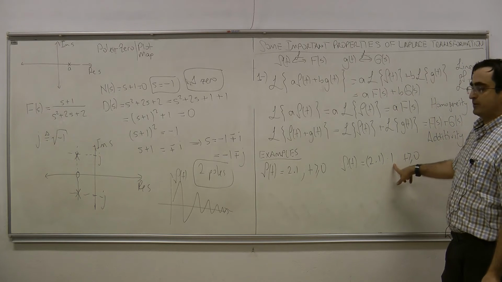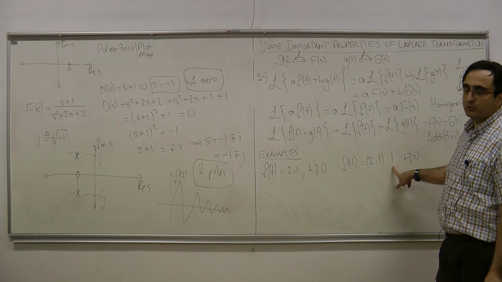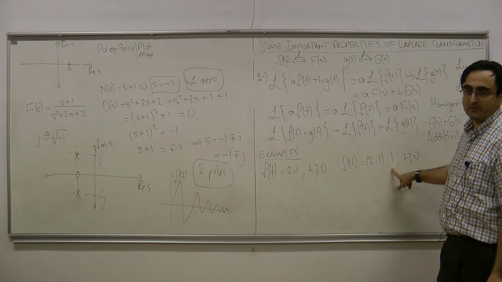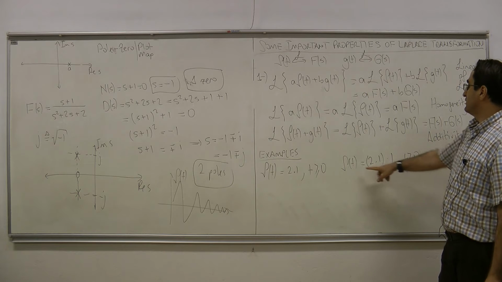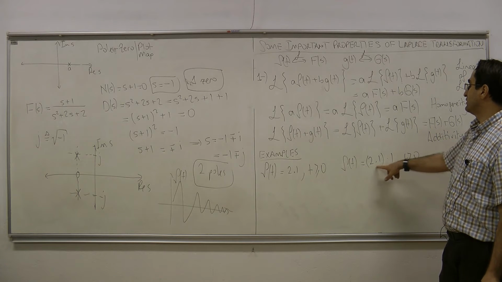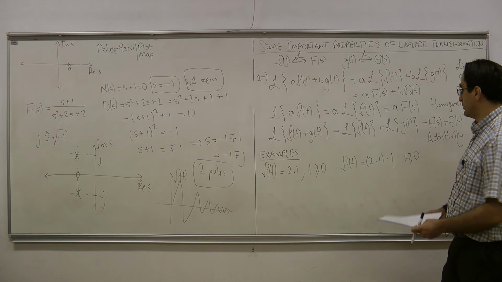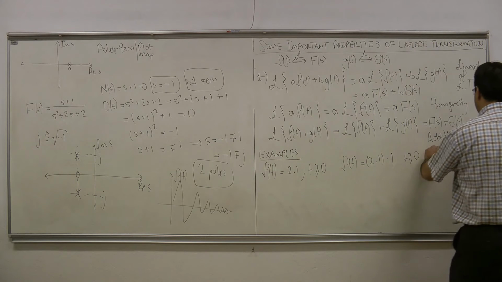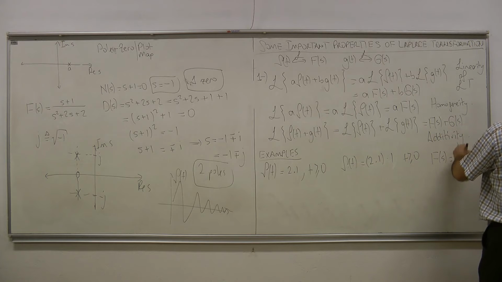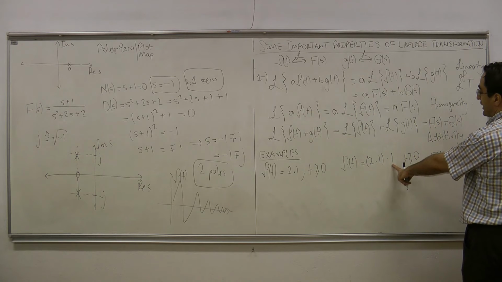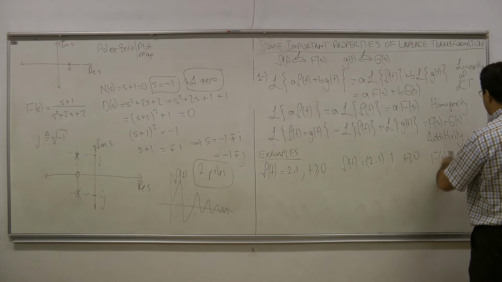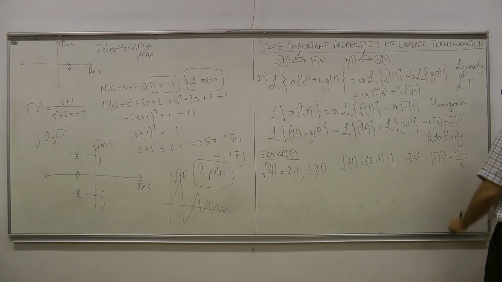I know the Laplace transformation of 1, the unit step function, is 1 over s. Since this function is multiplied with 2.1, its Laplace transform should be multiplied with 2.1. As a result, F of s is going to be 2.1 over s.